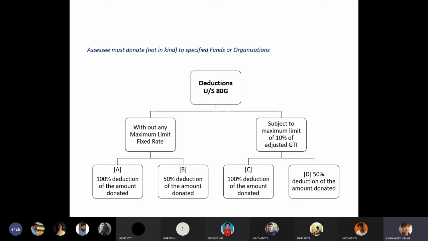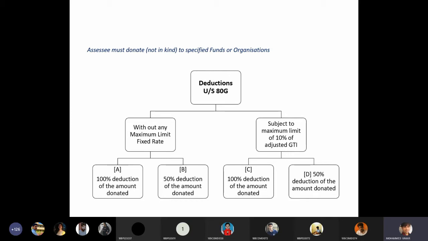Now this fund falls under this category, subject to the GTI limit. I have donated 1 crore. So what happens is, first we have to calculate what is 10% of GTI. Then 100% of the amount you have donated, category C. Compare both, and the deduction will be whichever is higher will be considered as the amount which is being donated for deduction.